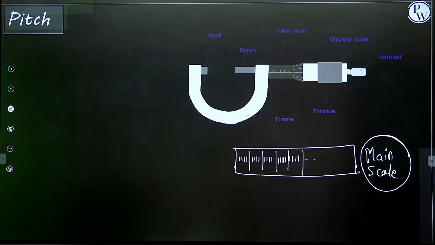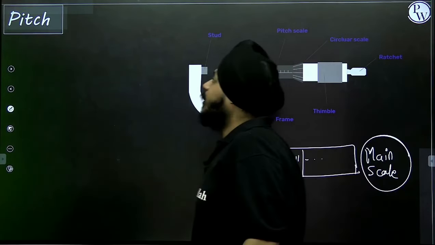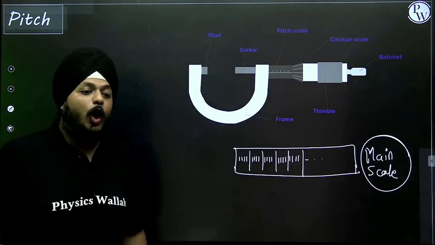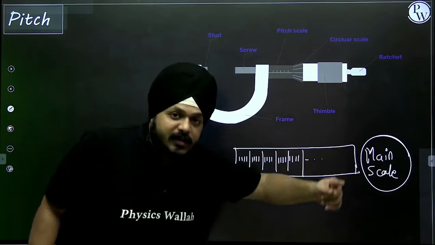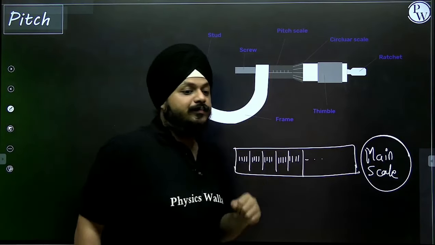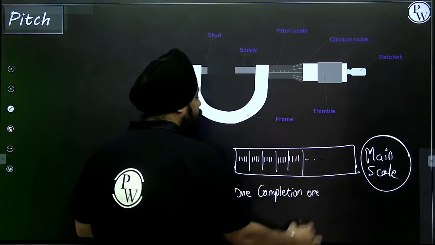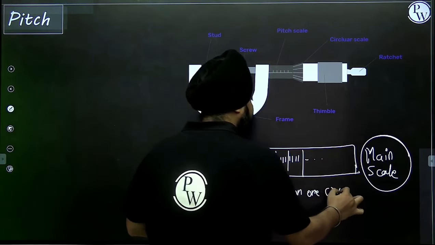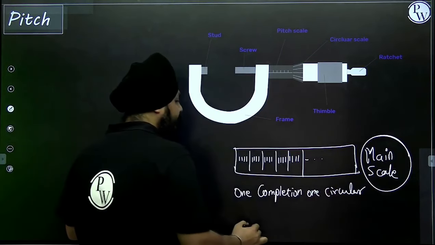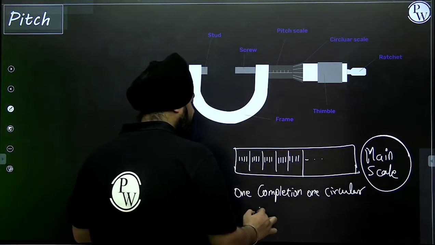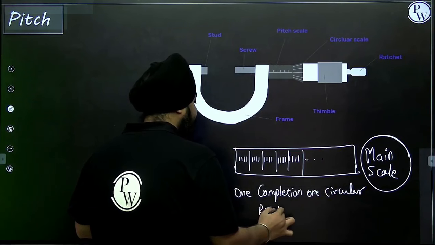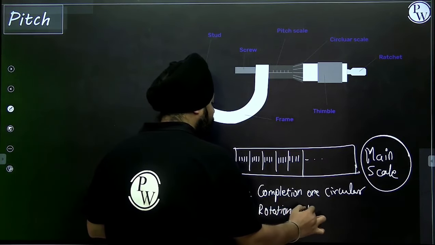What is the total distance traveled on the main scale on completion of one circular rotation?